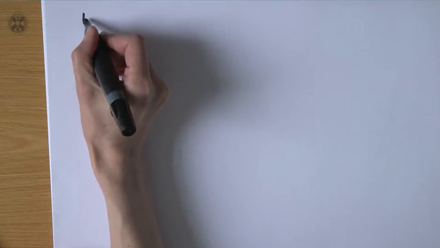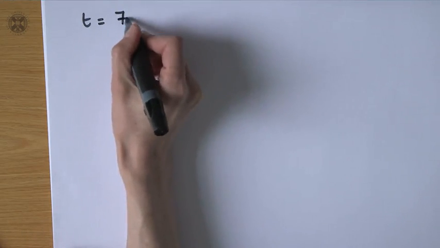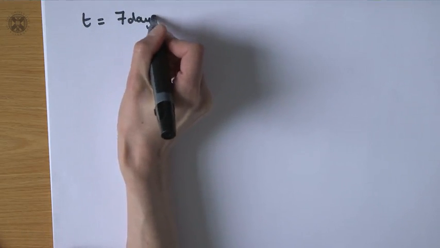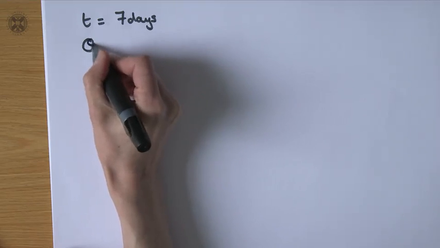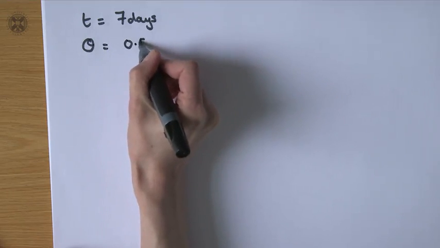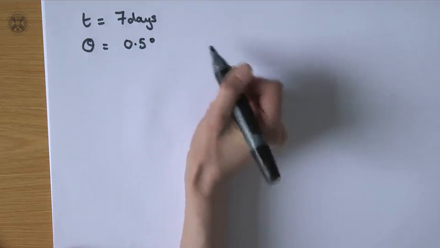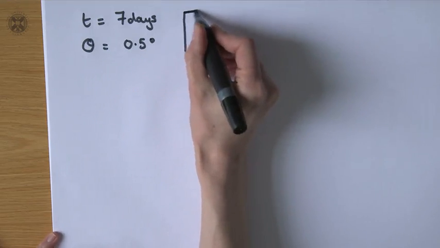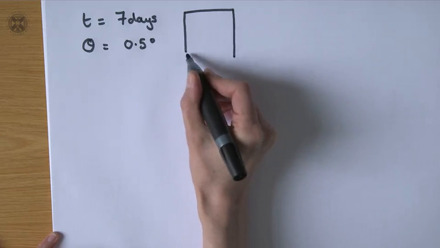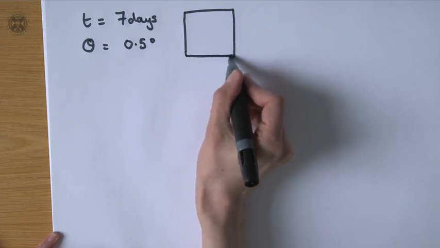All right, let's imagine that we've tracked an asteroid for 7 days. And in that time, it's moved an angle of 1/2 degree on the sky. Now, let me draw you a quick diagram so you get a sense of how far that is.